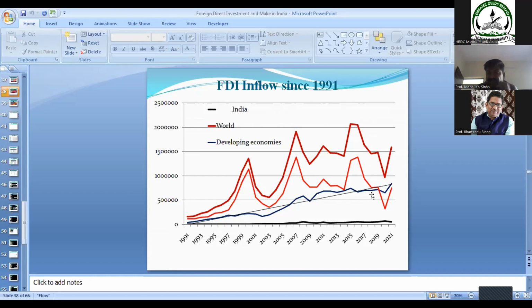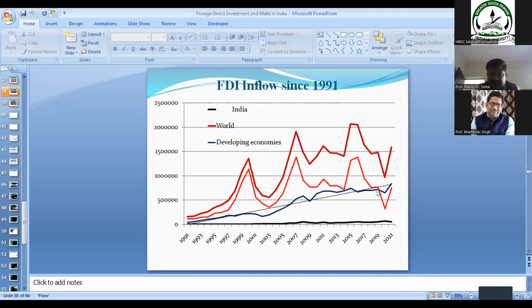This is the first time, in 2013 or 14, that it just touched equal FDI inflow in developed and developing countries. But in 2019, FDI inflow in developing countries crossed the FDI inflow of developed countries. We can see this also in the table.